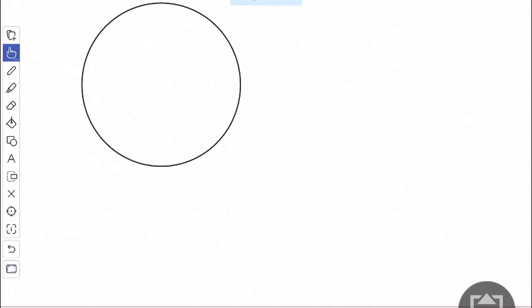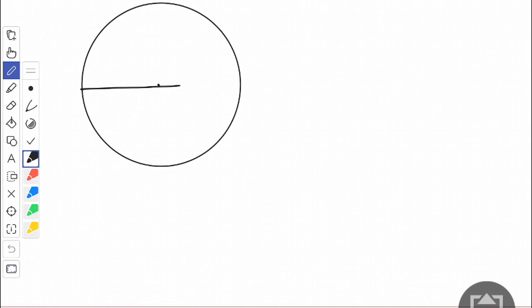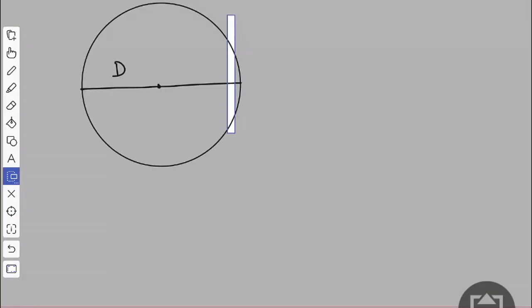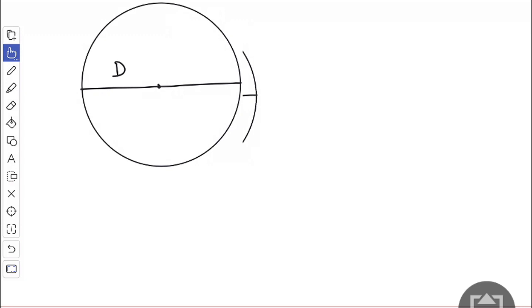There is a sphere, and this is the center, and its diameter, let us say, is capital D.